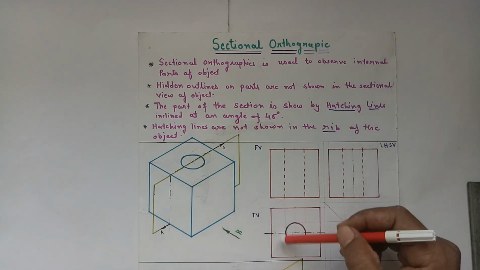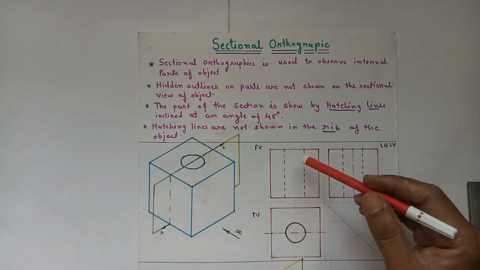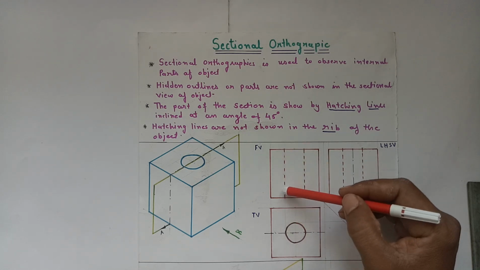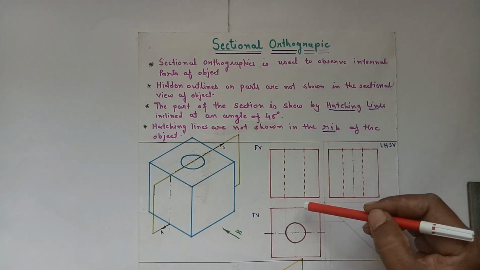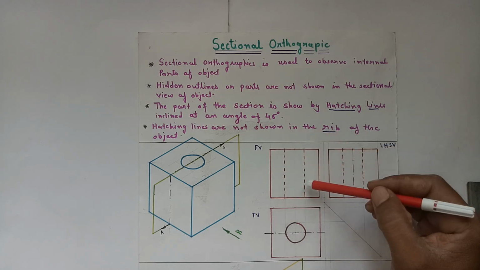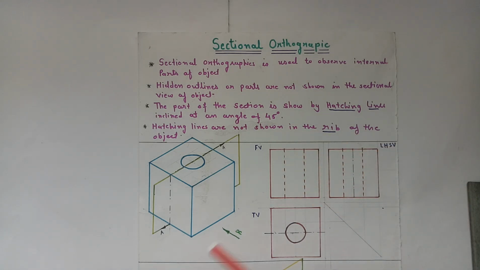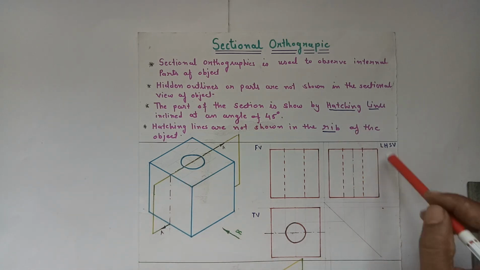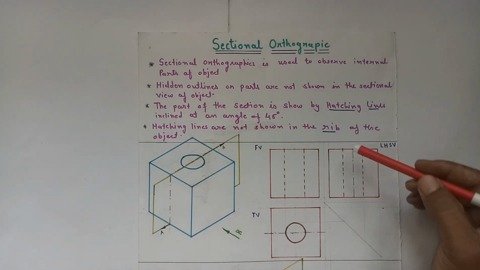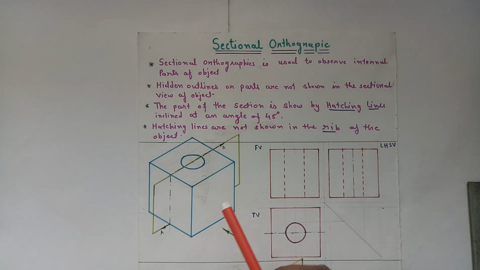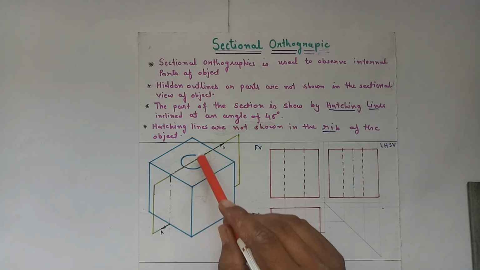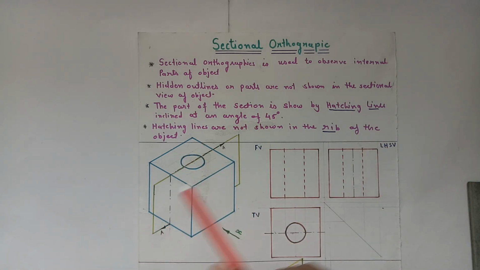The circular part is not going to be visible in the front view, so it is shown by hidden outlines in the front view, and the circular part is also not going to be visible in the left hand side view. So here we have shown the hidden outlines for the circular part in the left hand side view also.